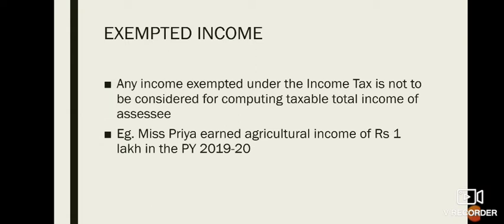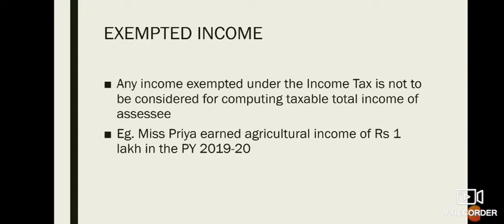income. An example for this is, Miss Priya earned agriculture income of rupees 1 lakh in the previous year 2019-20. If Miss Priya earns agricultural income in India, then it is exempted. If any agricultural income is earned in a foreign country, then it is taxable.